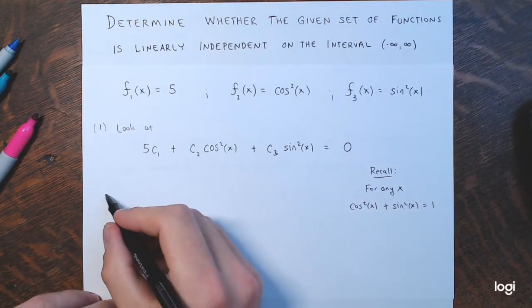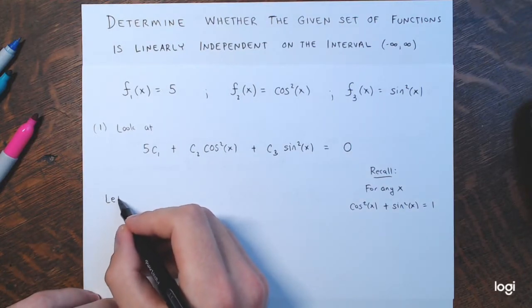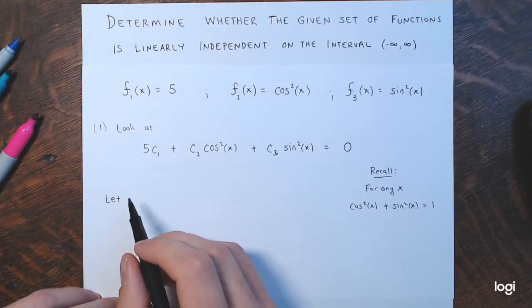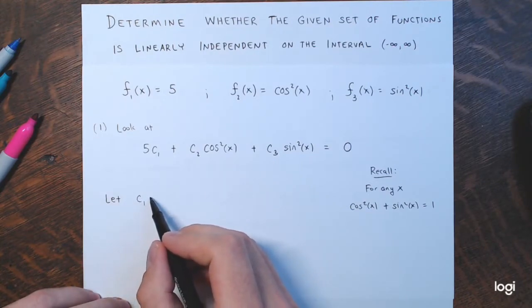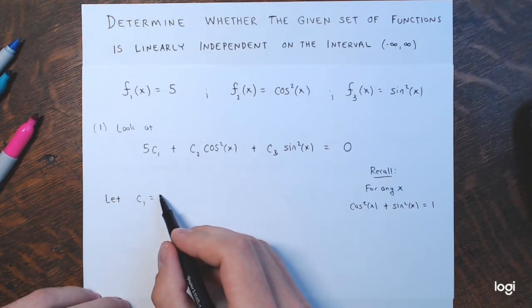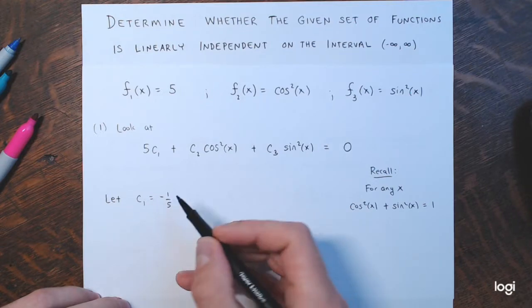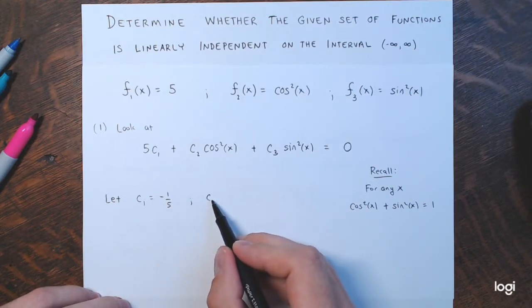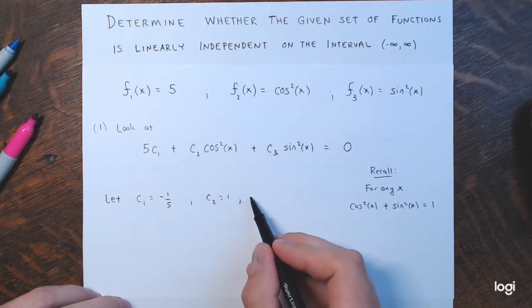All right, let's suppose I just let C1 be -1/5, and then let C2 equal 1 and C3 equal 1.